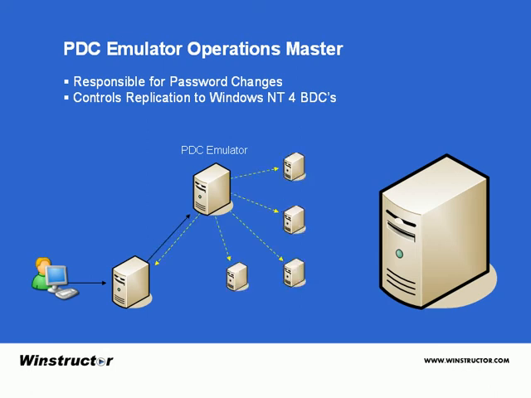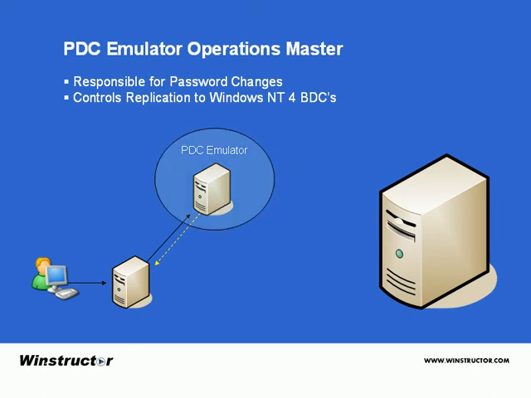If it does authorize the change, then that new password is replicated to all other domain controllers. Now because there can be a delay between the time a password is changed and the time that all domain controllers have had the change replicated, whenever a user logs on, the local domain controller will always check the PDC Emulator just in case there's been a password change that it doesn't yet know about.